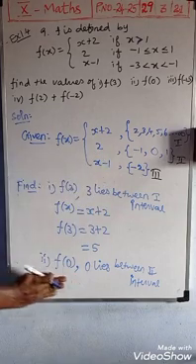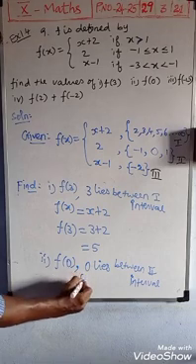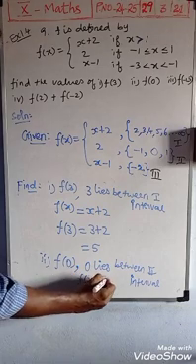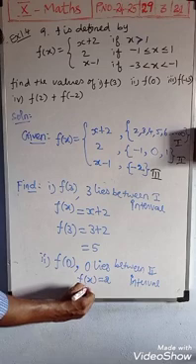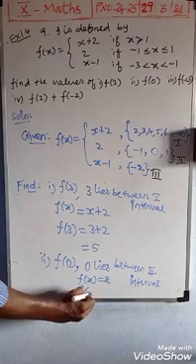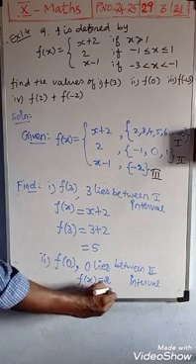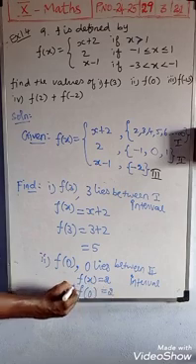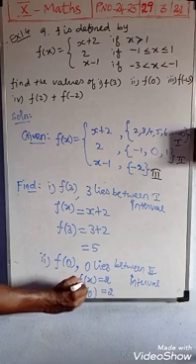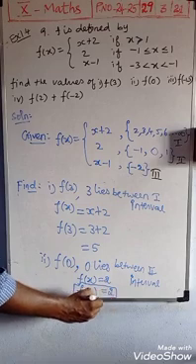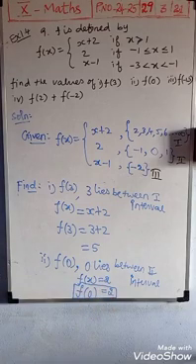So f of x is 2, then f of 0, instead of x is 0. But the answer is already given as 2. It means f of 0 value you will receive is 2 only. Okay, this is the second point.